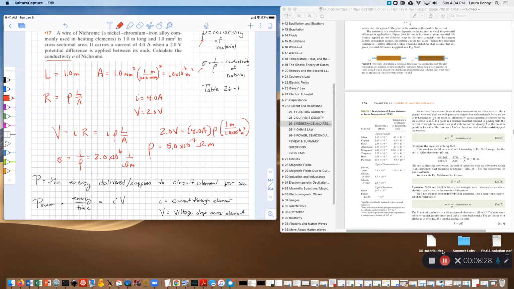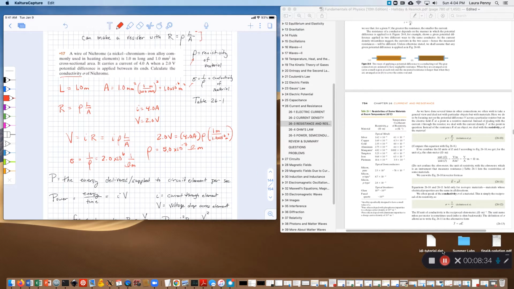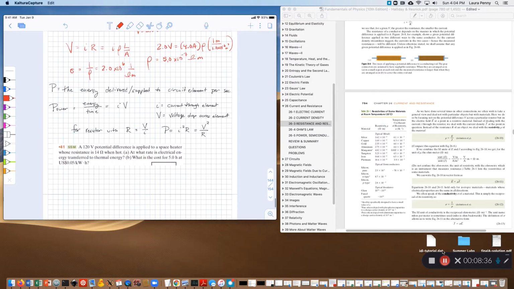Yeah, so that's our way that we can calculate the resistance of some sort of material.